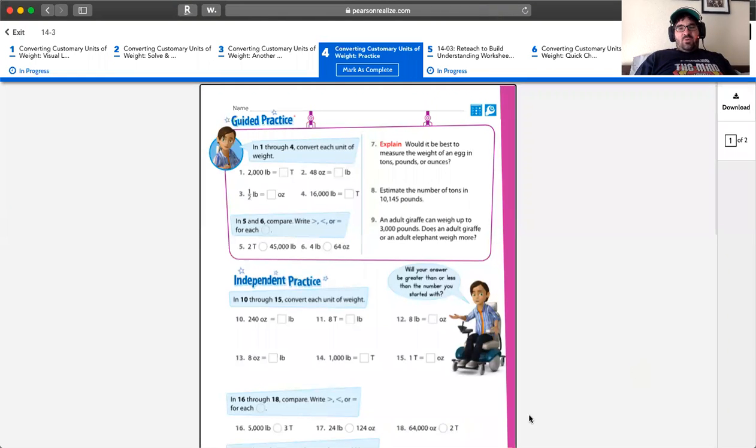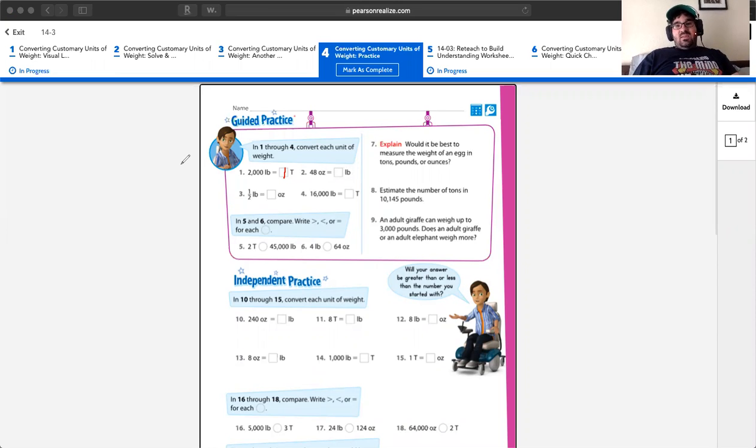Under this guided practice, question 1 says 2,000 pounds. Well, I just remembered 2,000 pounds is 1 ton. That's our formula. Question 2, 48 ounces equals how many pounds?